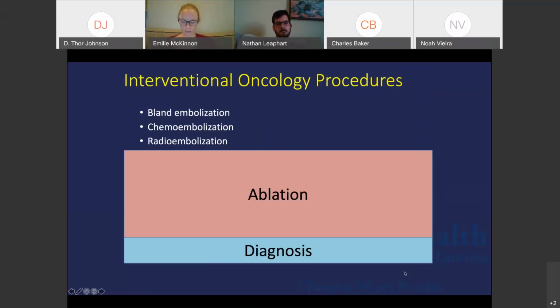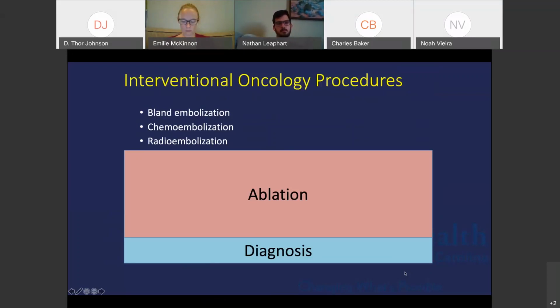And sometimes we even do this in the context of tumors like in the duodenum that are bleeding into the bowel, to palliate the patient in terms of preventing their bleeding.